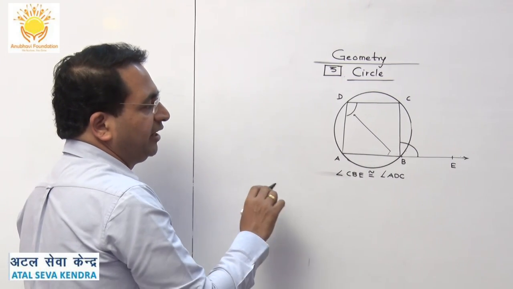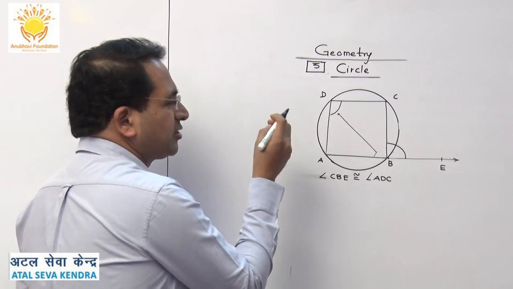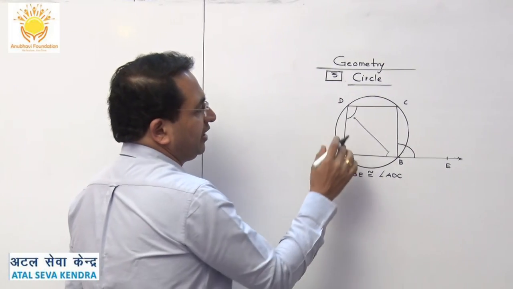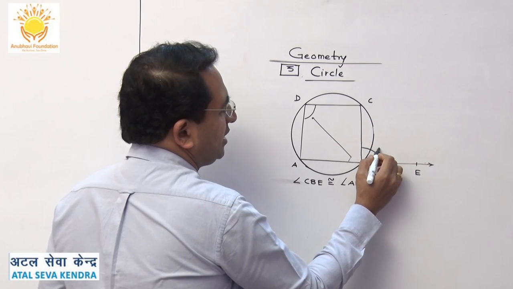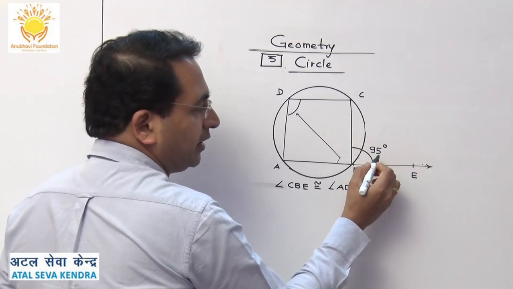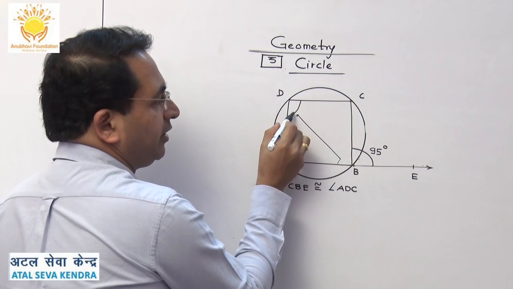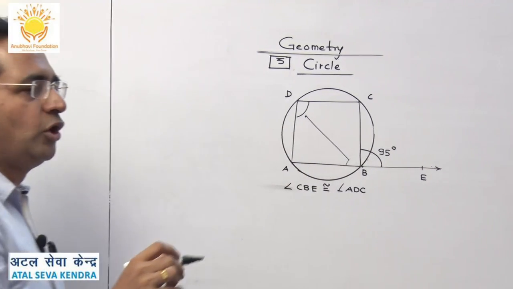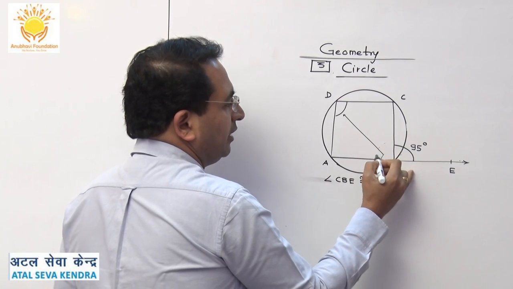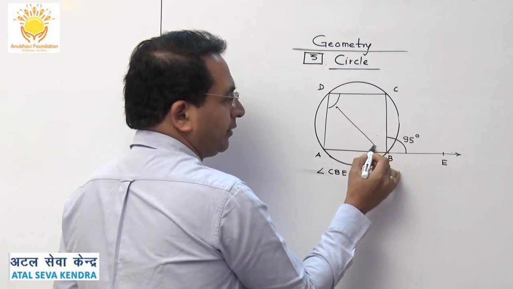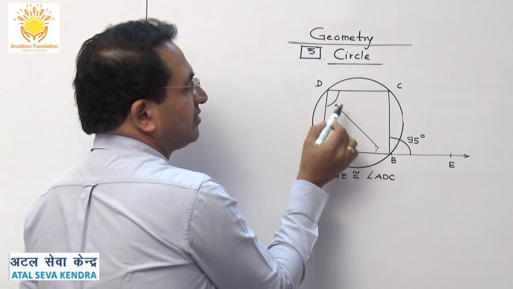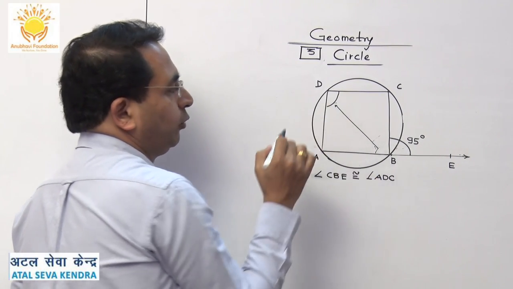The theorem will not definitely be asked, but a question of 1 mark can be asked here. Suppose they say that this measurement is, for example, 95 degrees, and then they ask you this measurement. Many students calculate this angle because they are in a linear pair, then use the property that opposite angles are supplementary, and then find this.